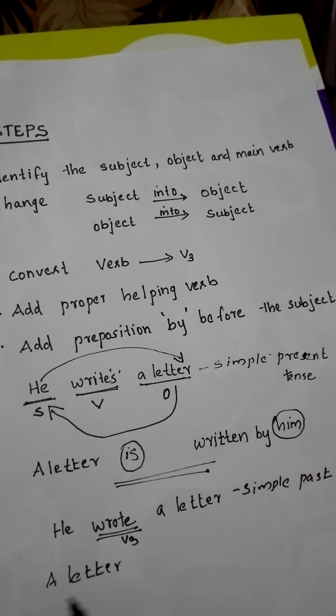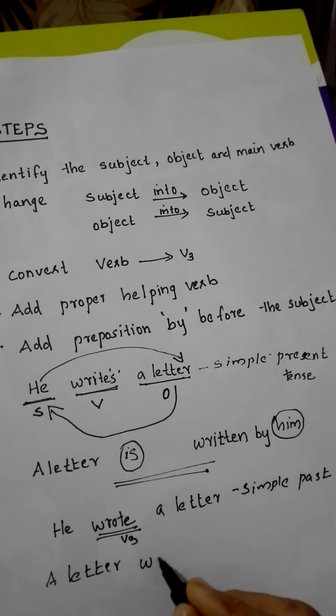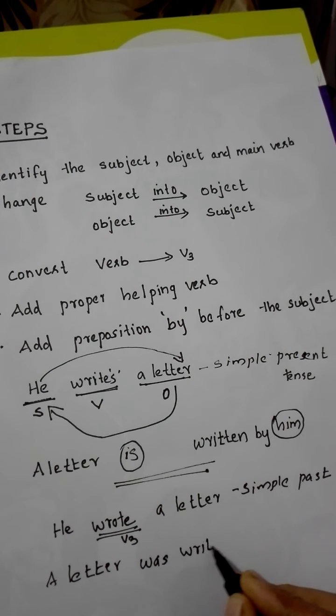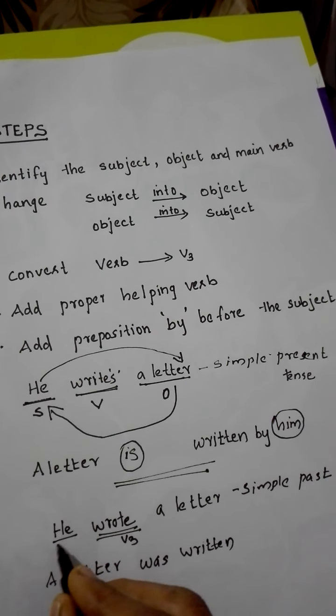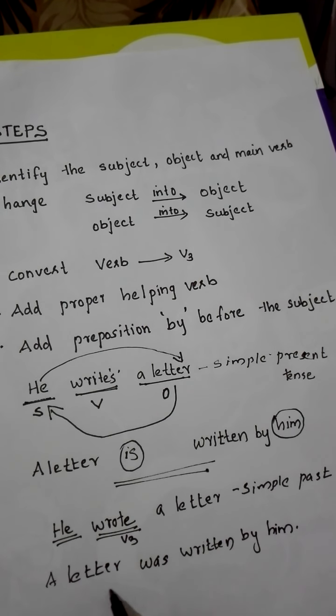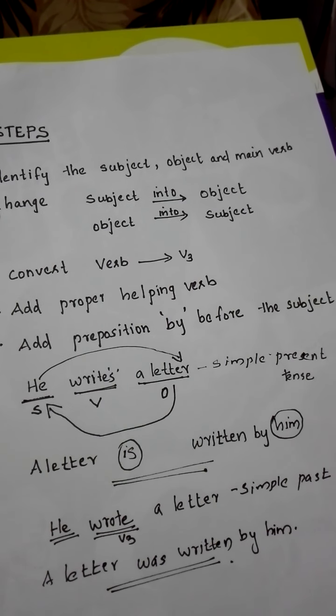Simple past tense. So a letter, simple past tense, which helping verb can we use? A singular helping verb. A letter was, isn't it? And V3 form, written. A letter was written. Him will become what? By him. Okay, a letter was written by him. Is it clear? Okay, and I'll show you how verbs will change. Okay, so these are two examples. Hope it is clear for you.